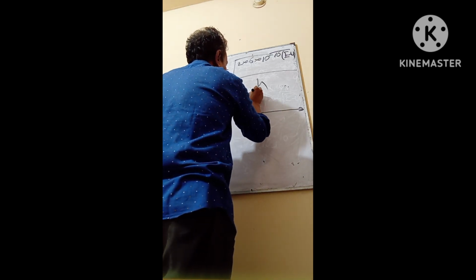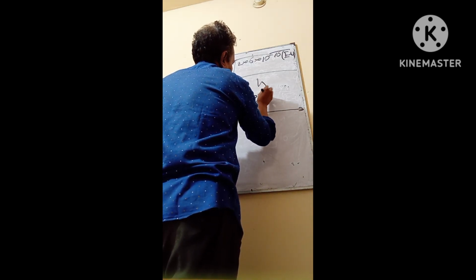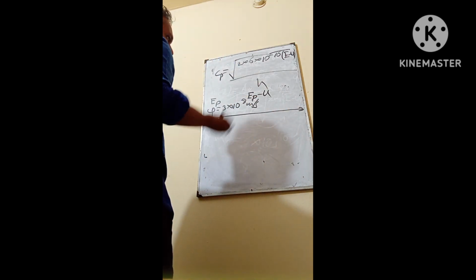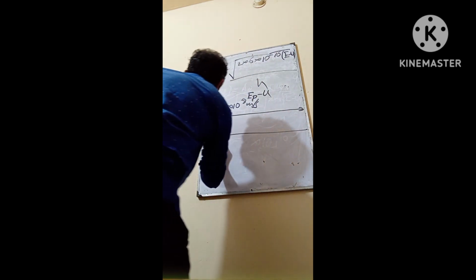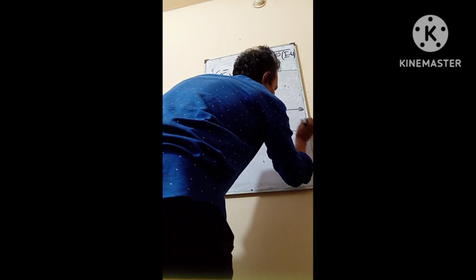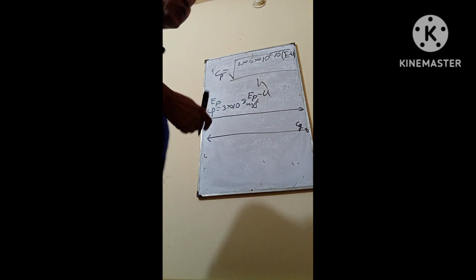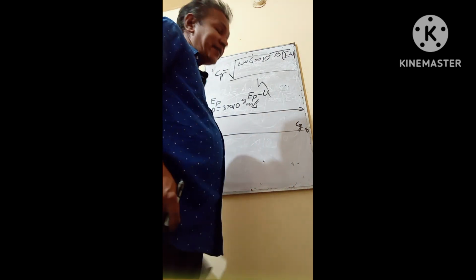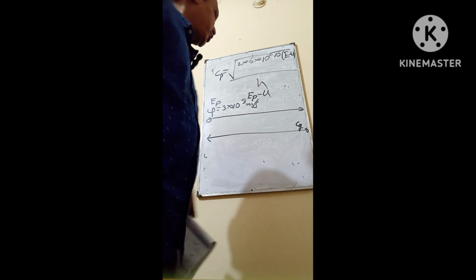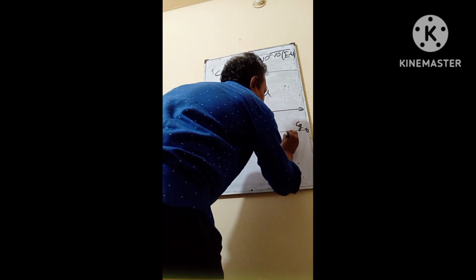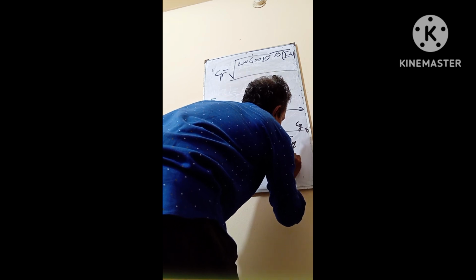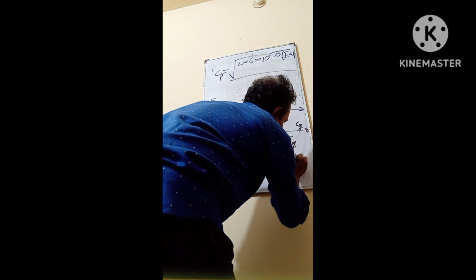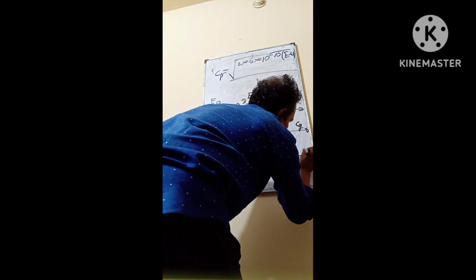But by the system EP minus U, and graviton particles this way, CZ. We have to calculate the CZ. We do not know what the CZ is. CZ means graviton particles velocity. So EZ is equal to 6 into 10 to the minus 32 EP.